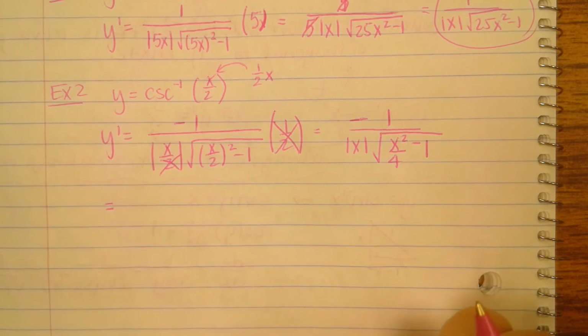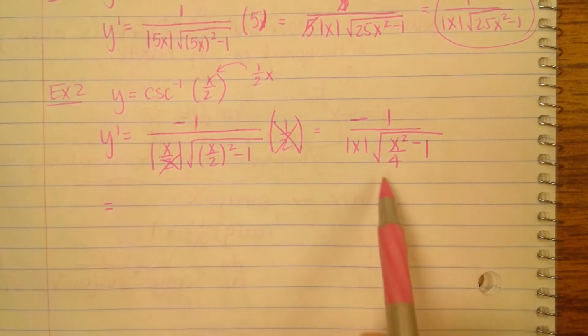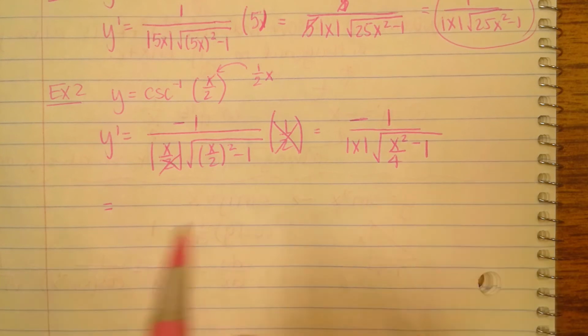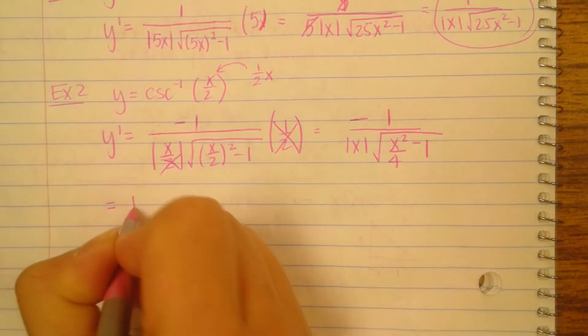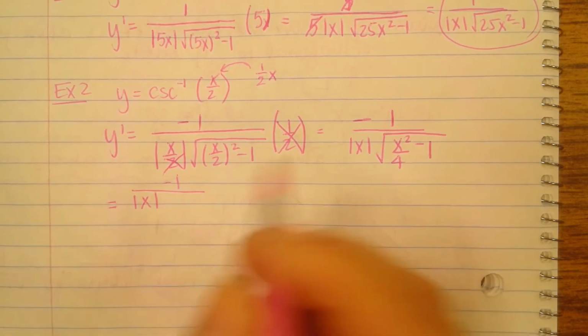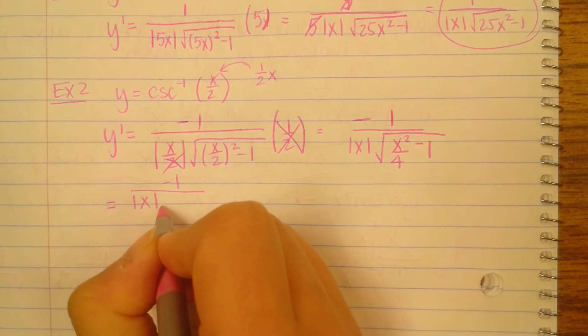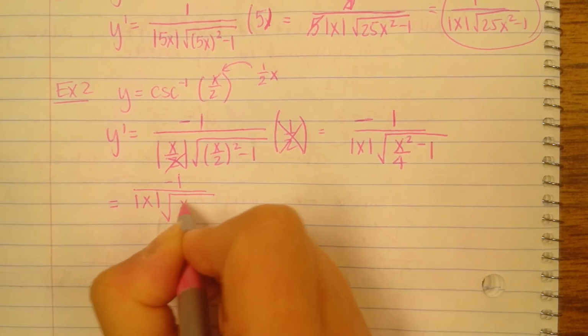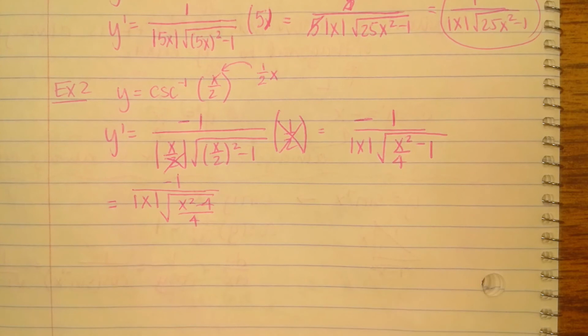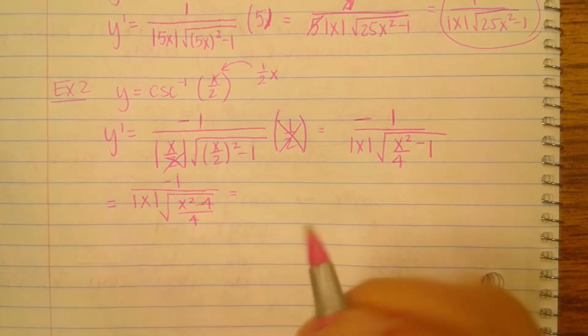So because I have fractions within fractions, I'm going to start here with this radical, and I'm going to combine that into one fraction. So I'm going to find a common denominator, which is 4. Oops, -1 over. So I'd end up with the square root of x squared minus 4 over 4 if I found that common denominator and simplified that. So I can now take the square root of the top and the square root of the bottom.